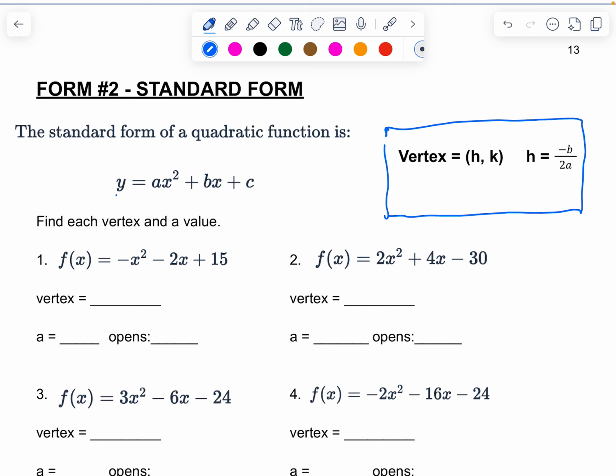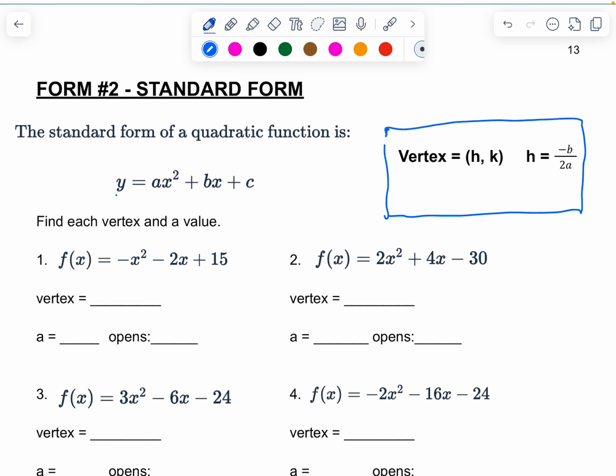Okay, here's a huge thing, because you can look at it, even though it's not in vertex form, and you can use this to find the vertex. So let me tell you what I mean.